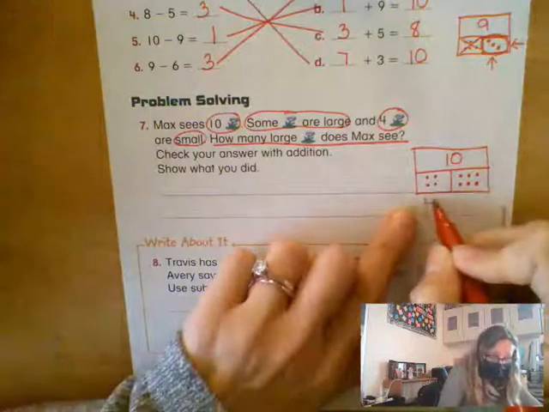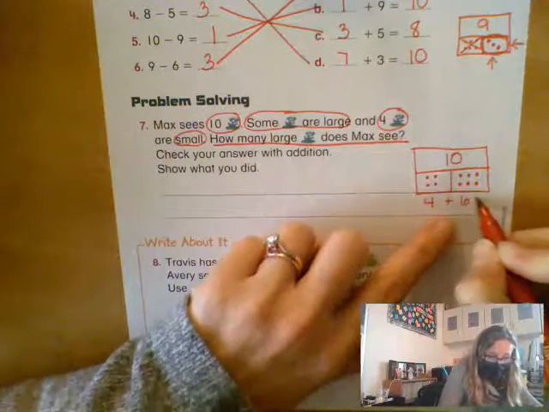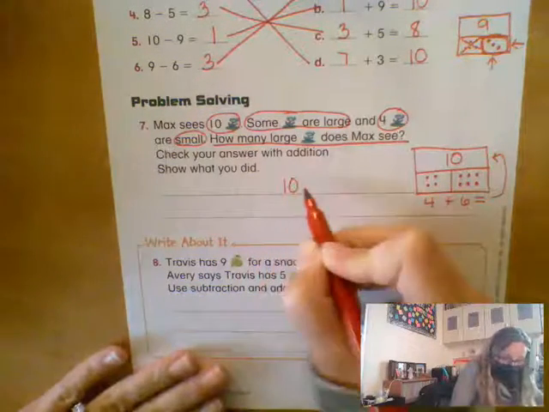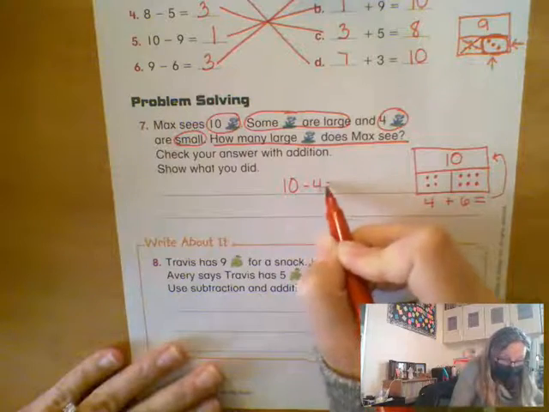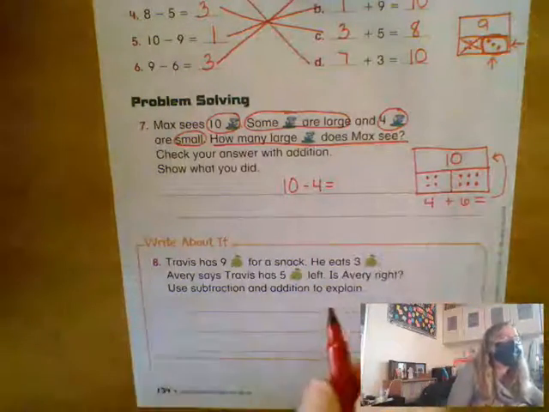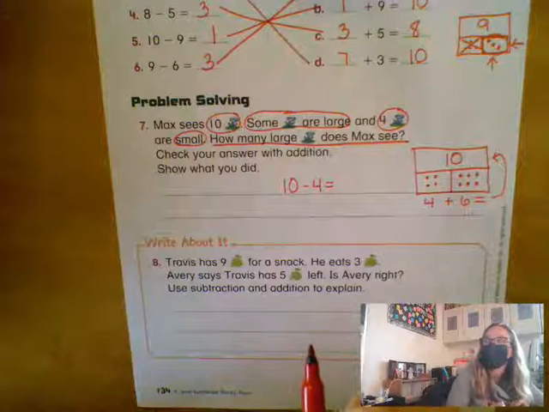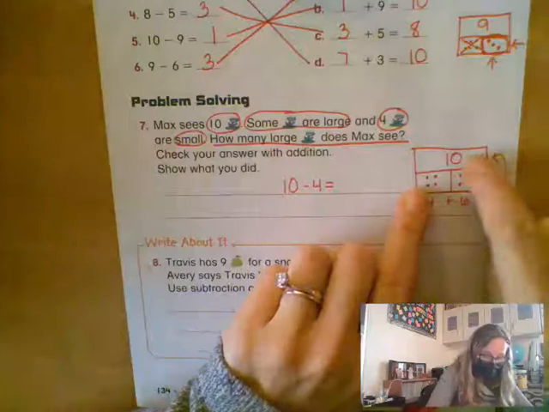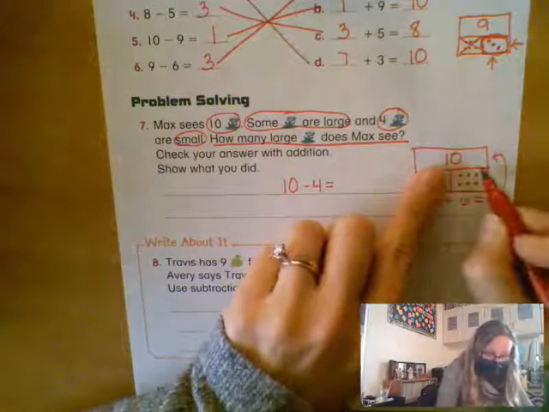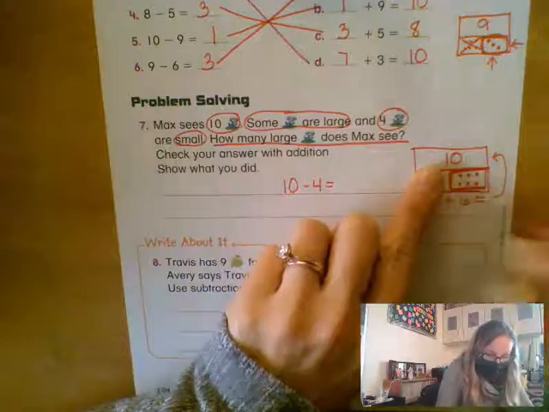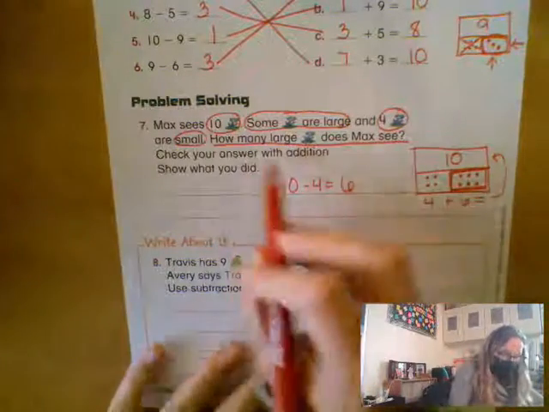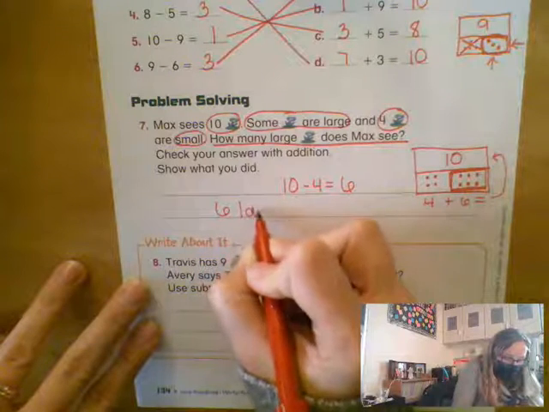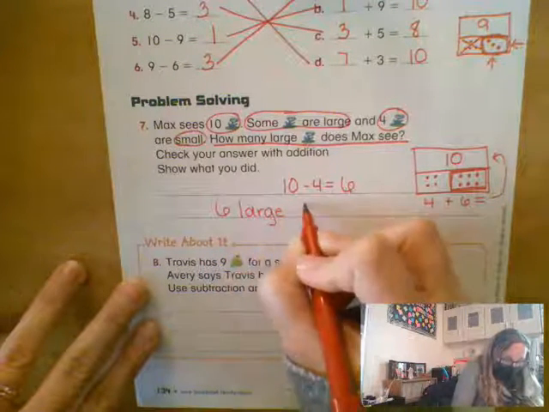So if 4 plus 6 equals 10, then 10 take away 4 must equal what, Lily? 6. So how many large frogs does Max see? 6 large frogs.